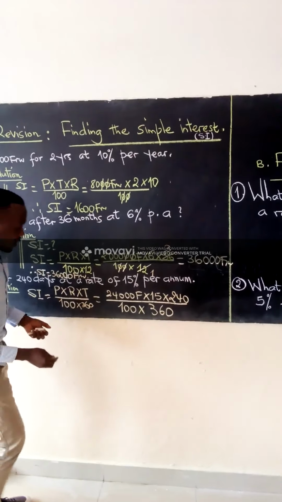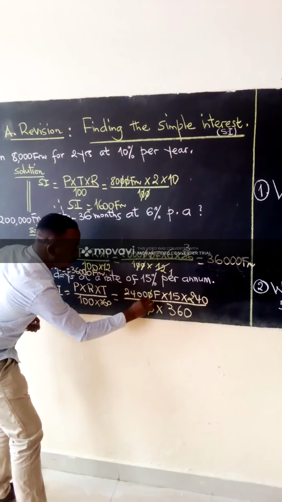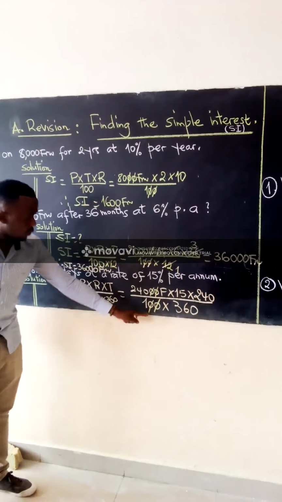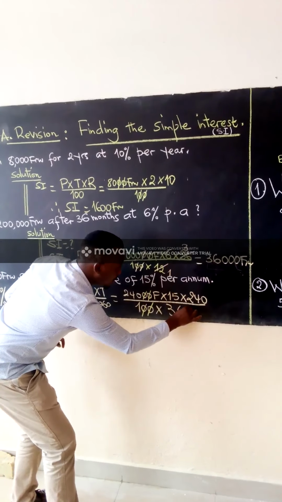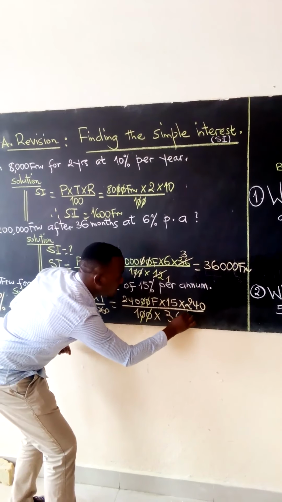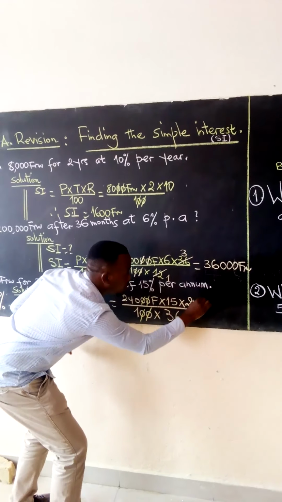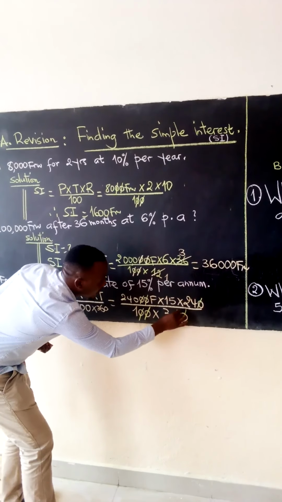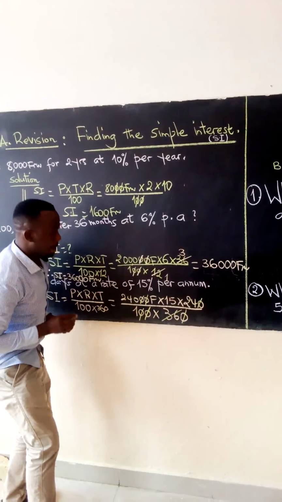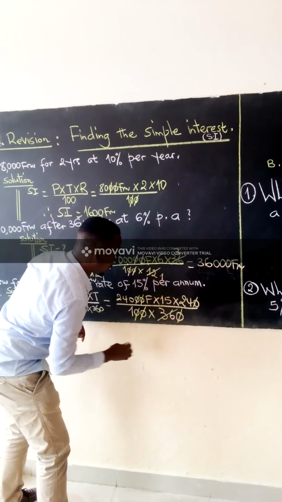Let us simplify. If we can simplify, the zeros we chop them. Chop, the two zeros are gone. And here, can we simplify? Yes. We can simplify the 0. Okay? Can we simplify here? We simplify by 6.